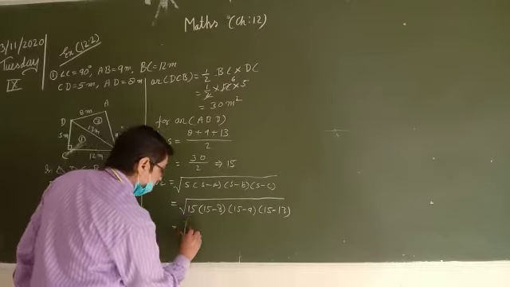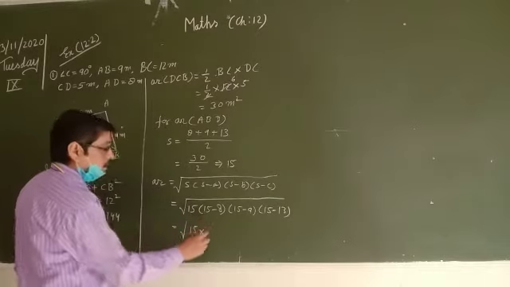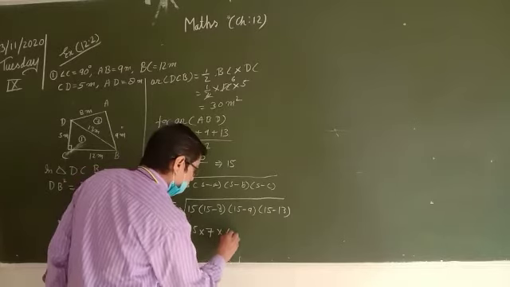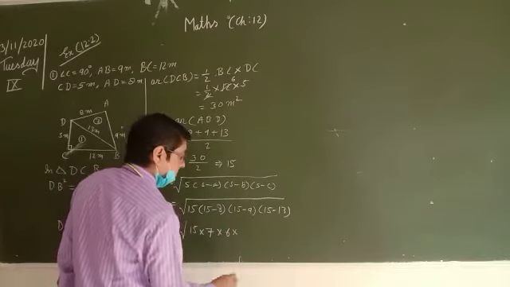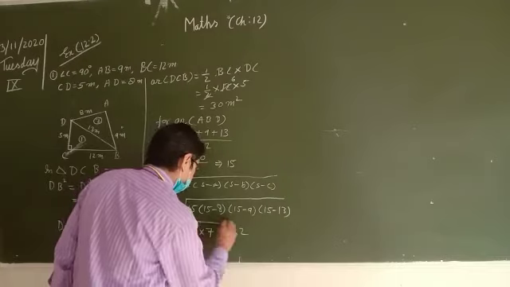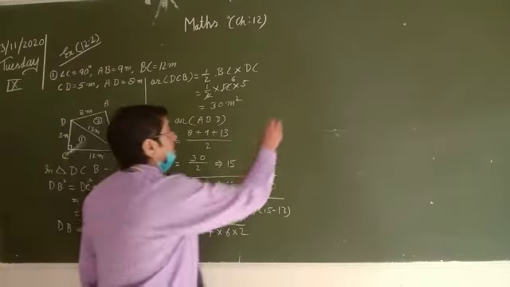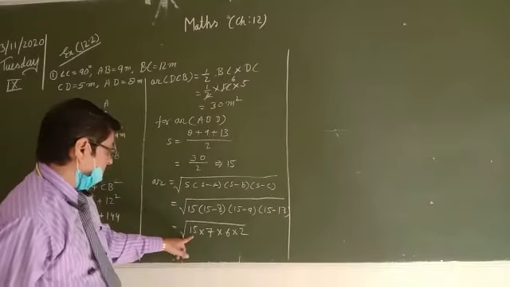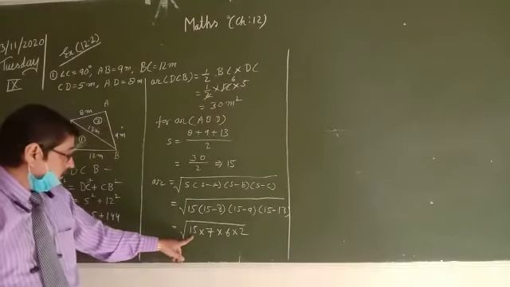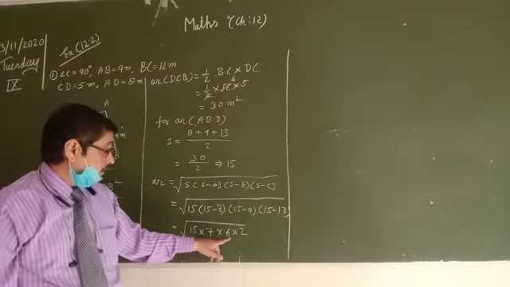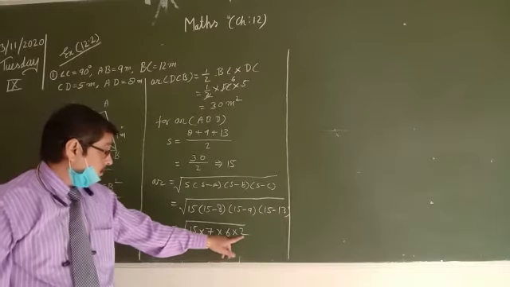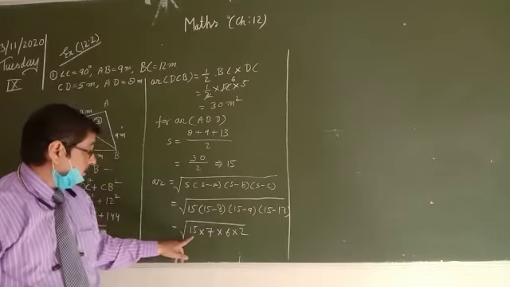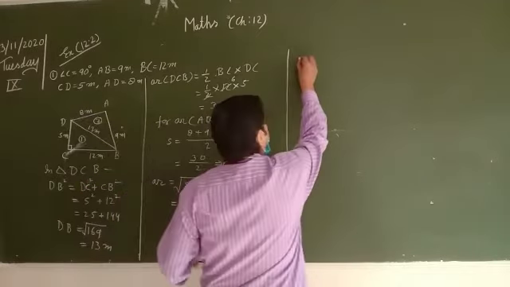Under root 15 multiplied by 7, then 6, then 2. Now 15, 7, 6 and 2. You just factor it.